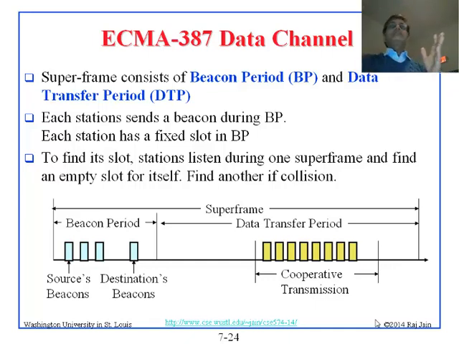So you listen to all these beacons, and then distributedly you figure out everybody's requirement, and everybody finds their own time. With a PCP, obviously there's an algorithm which is similar to what the PCP would have done. Here everybody is doing that. So you say, all right, we will start at 9 o'clock and talk for 15 minutes. Then they start. This is the cooperative transmission.